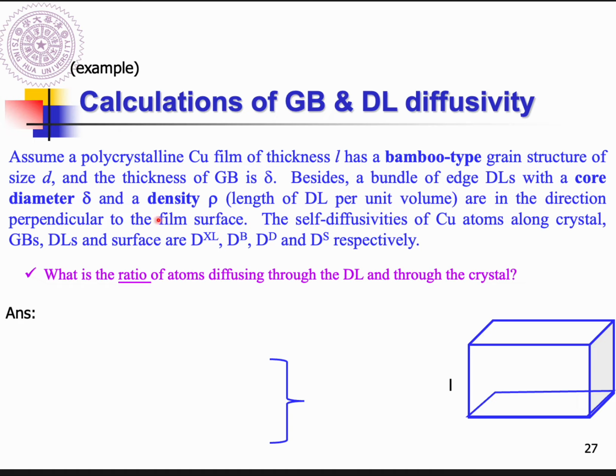Okay, before I end lecture 5, I'm going to give you an example. The title here is: we hope you can calculate the grain boundary and dislocation diffusivity. What we have here is a polycrystalline copper film with thickness L and a bamboo-like grain structure, where the grain diameter is D and the thickness of the grain boundary is delta.